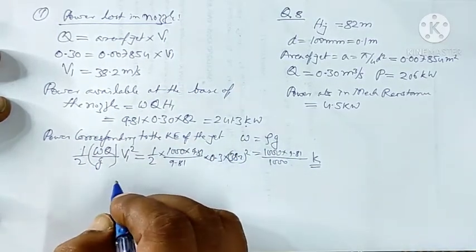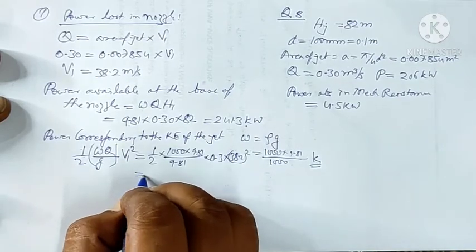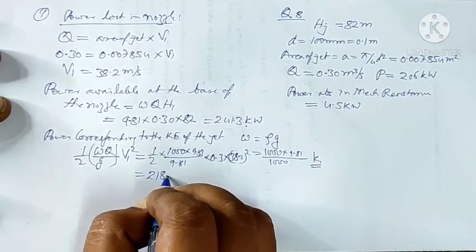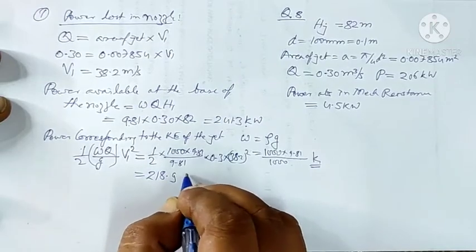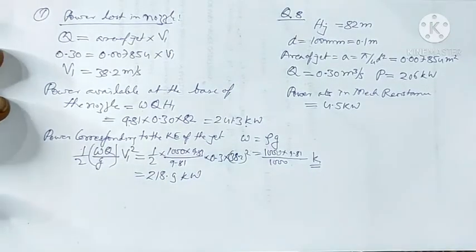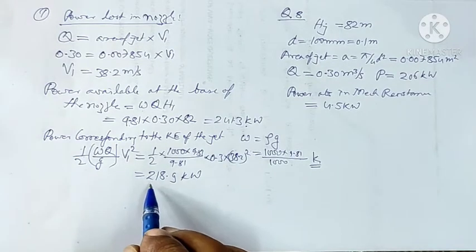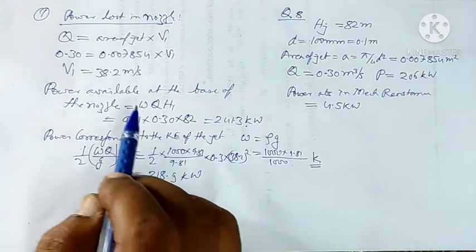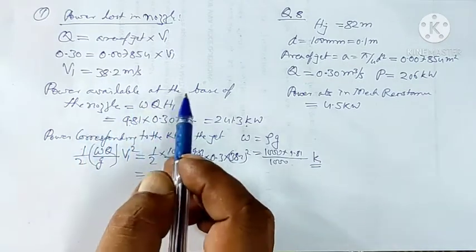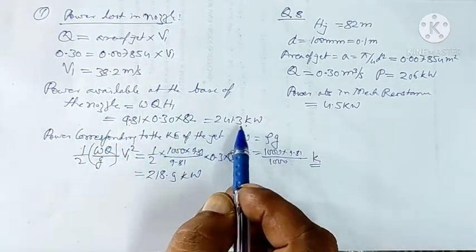So this comes out to be equals to 218.9 kilowatt. So power corresponding to the kinetic energy of the jet is 218.9 and power available at the base of the nozzle is 241.3.